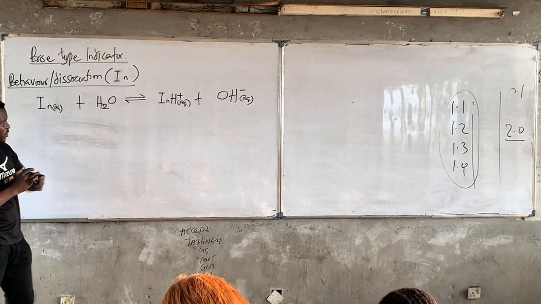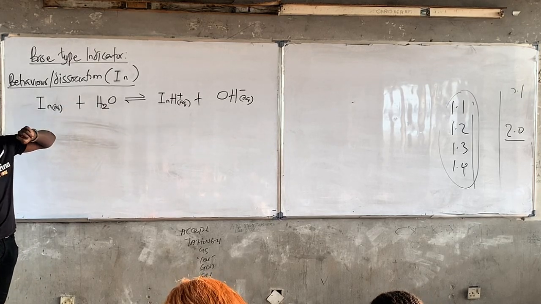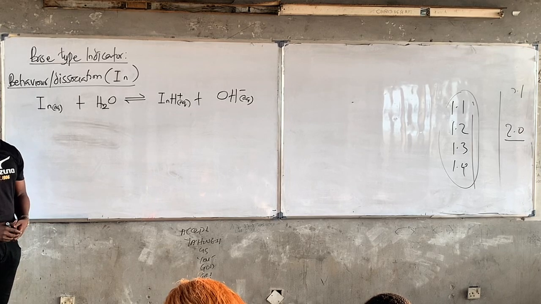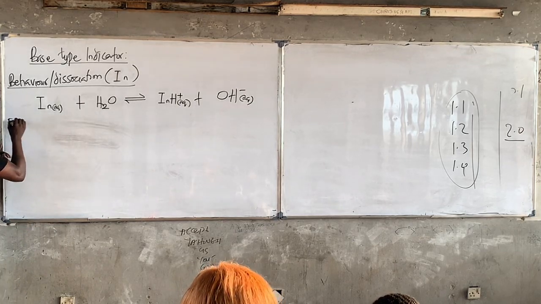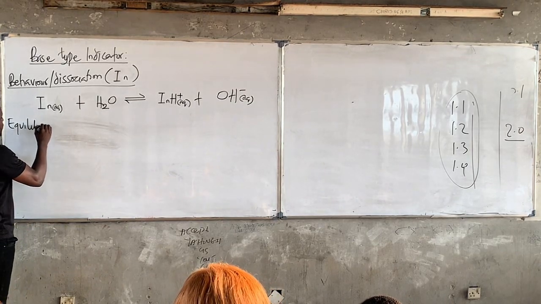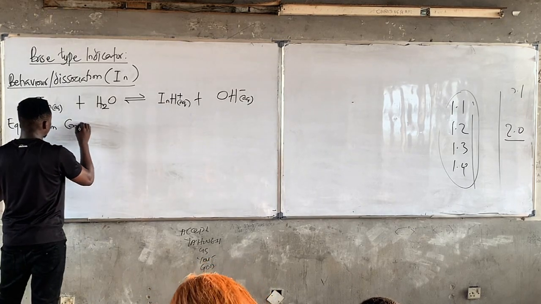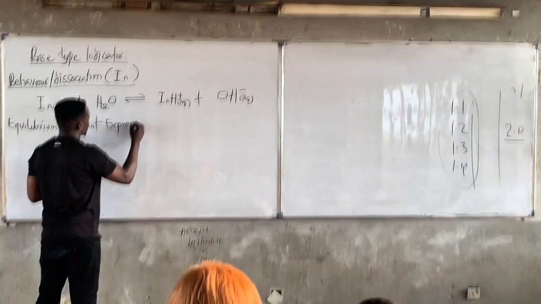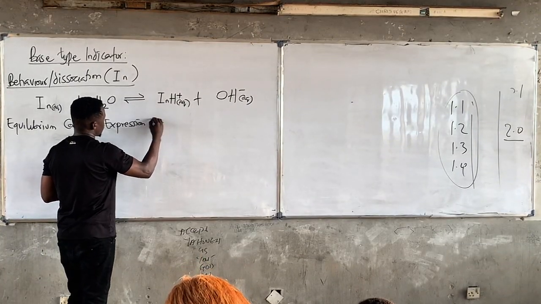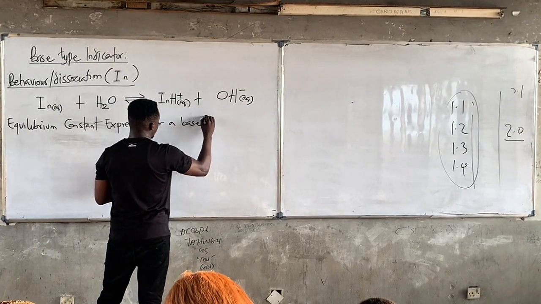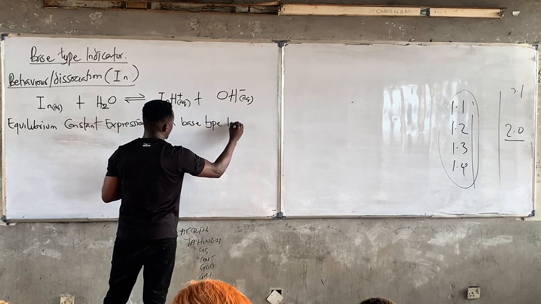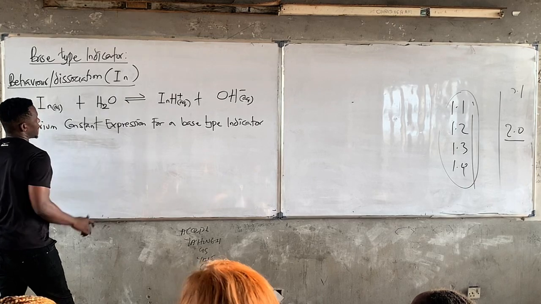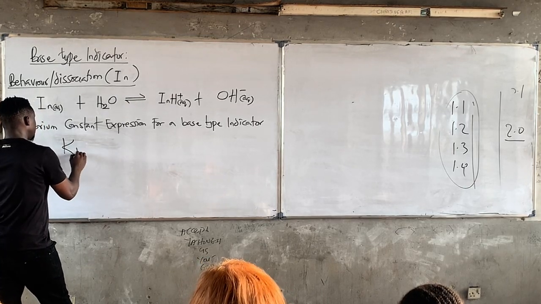This is the behavior of the base type indicator, or the dissociation. This is how it behaves inside water. Now, the equilibrium constant expression is going to be KB.